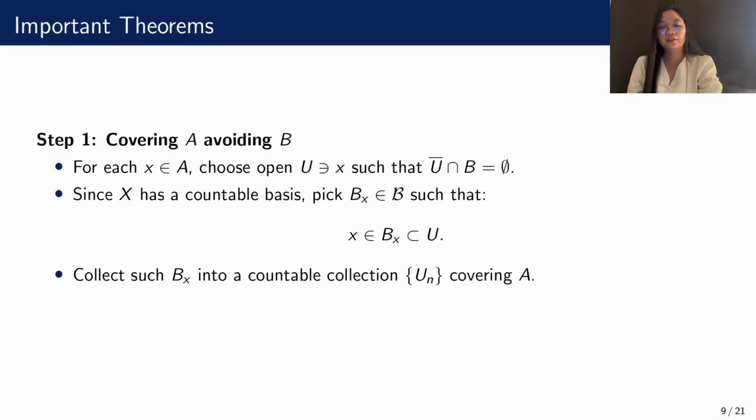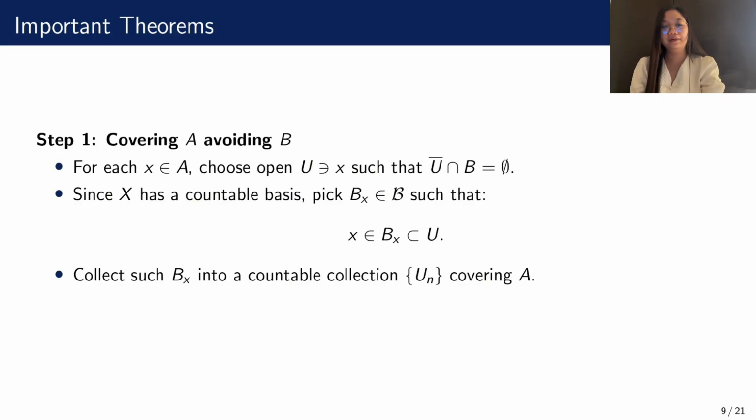Now we collect such B sub X into a countable collection of U sub n covering A. Because the basis is countable, the distinct B sub X form a countable family. Each closure of B sub X is a subset of U, the closure of U, so that the closure of B sub X intersection B is empty. We have now shown a covering of A avoiding B.